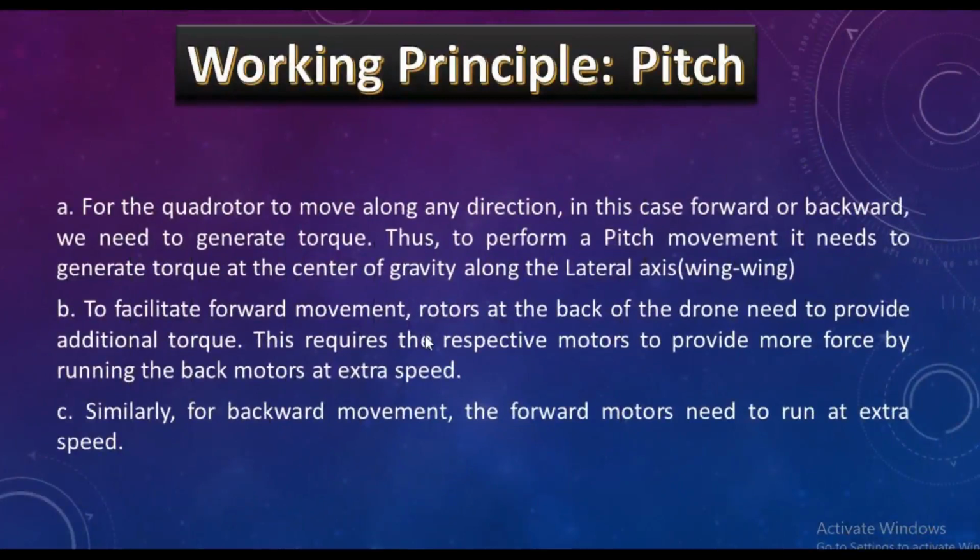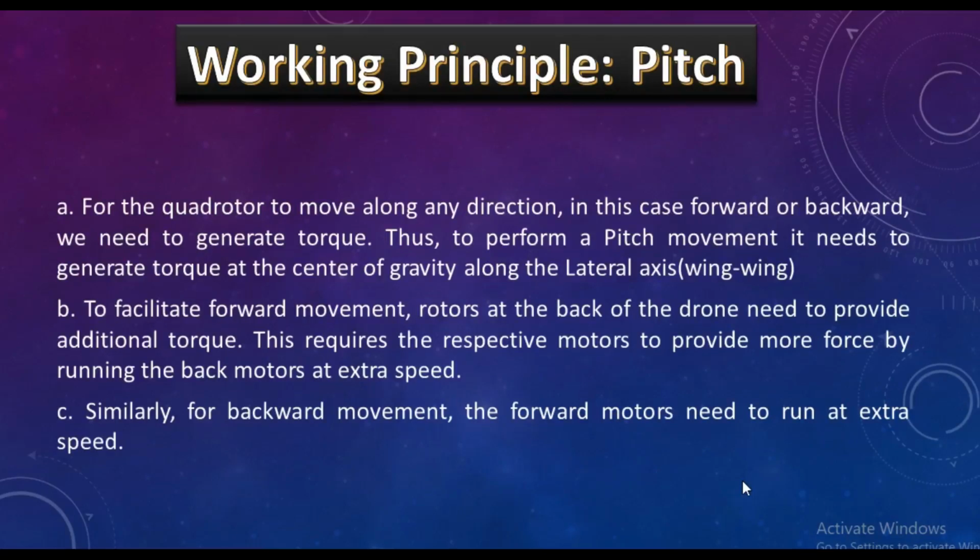Working principle of pitch. For the quadrotor to move along a direction, in this case forward or backward, we need to generate torque. Thus, to perform a pitch movement, it needs to generate torque at the center of gravity along the lateral axis.